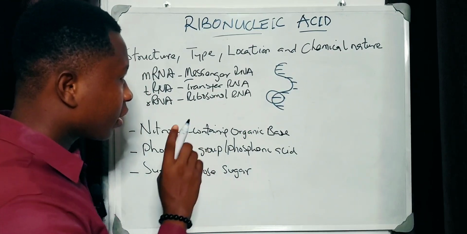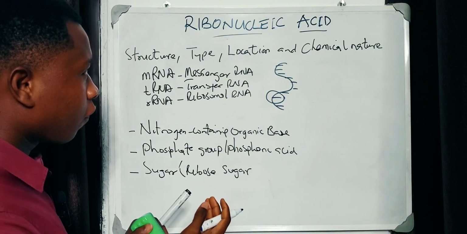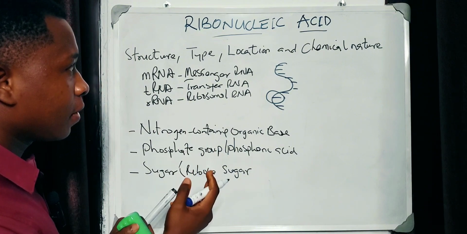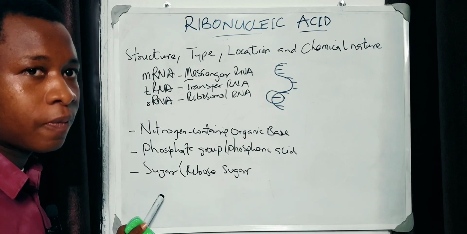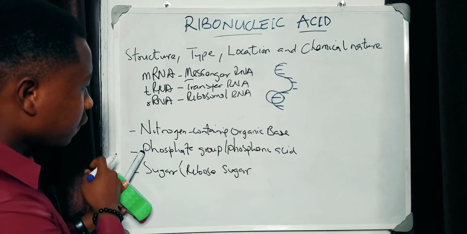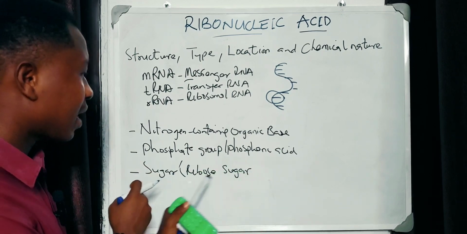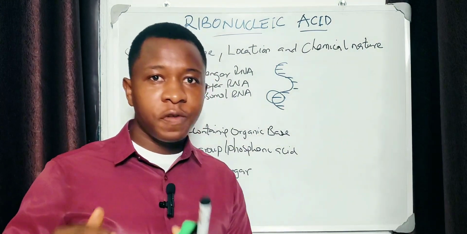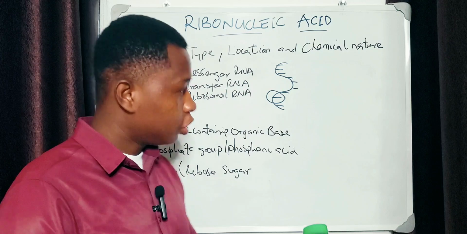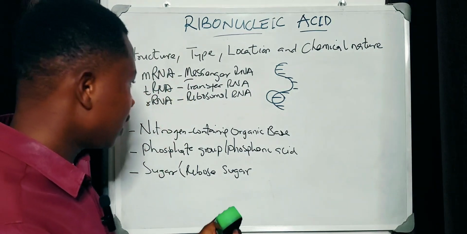Now, remember the chemical nature of nucleic acid is made up of these three components. The phosphate or phosphoric acid and the sugar make up what we call the sugar phosphate backbone. The sugar phosphate backbone.